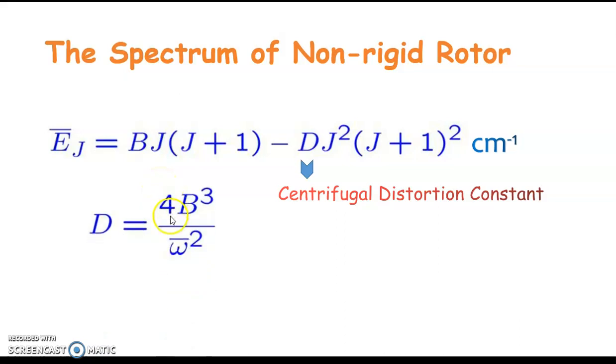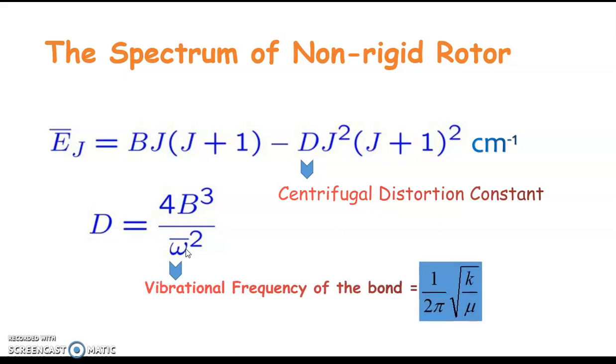which is equal to 4B cubed by omega square, where B, you already know, is the rotational constant, and omega is the vibrational frequency of the bond, which is equal to 1 by 2 pi root of k by mu. It is the frequency of a harmonic oscillator.